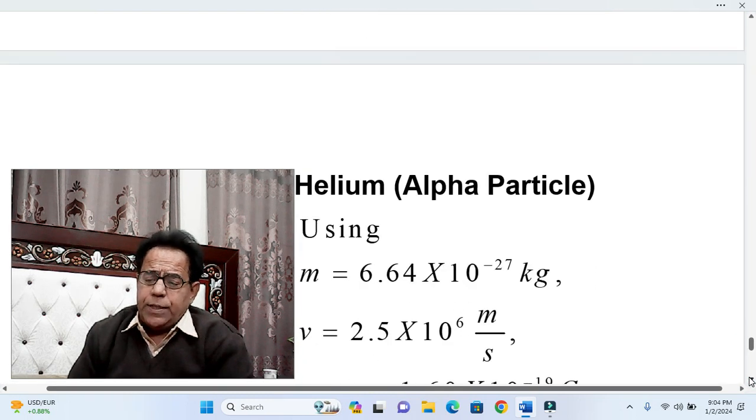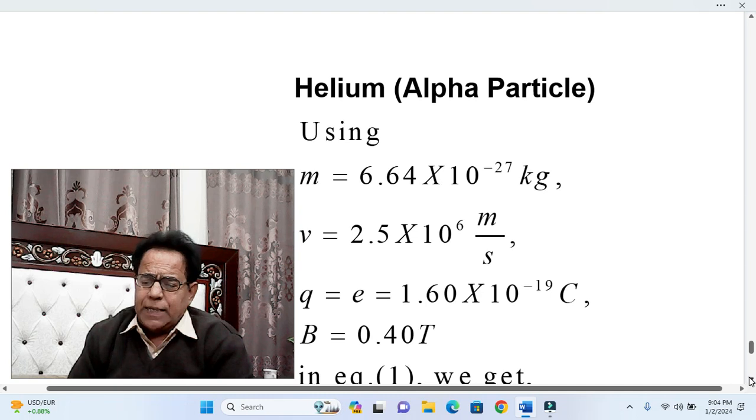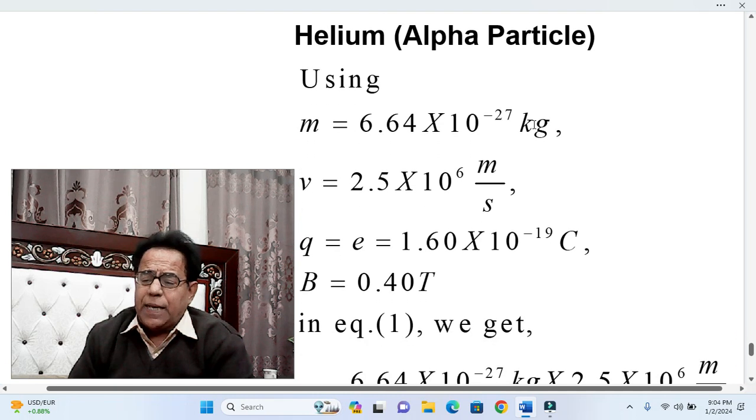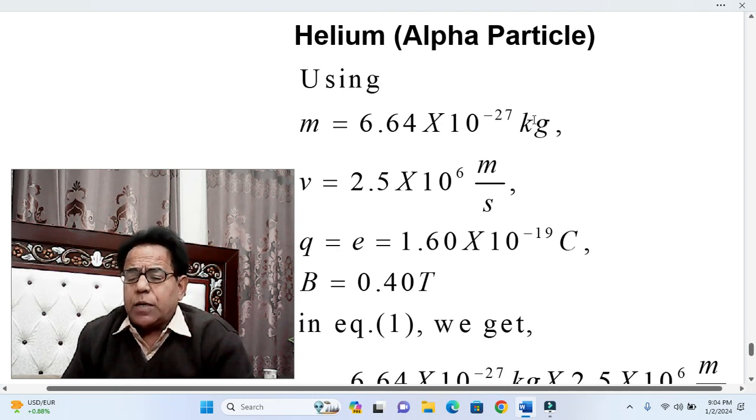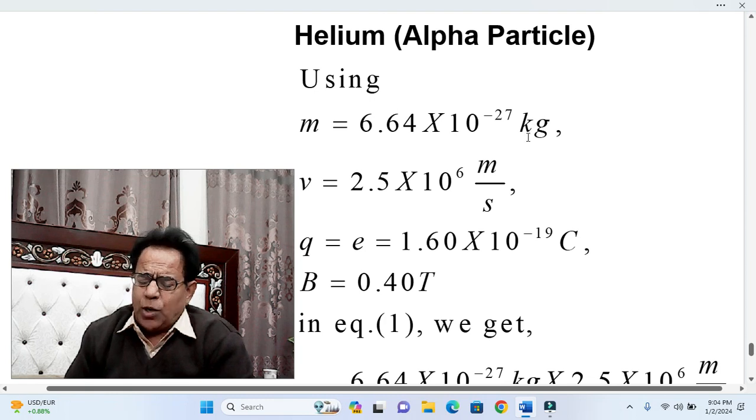The only difference in this part is that here, in place of mass of electron, proton or deuteron, we are considering the mass of helium, that is the alpha particle, which is this.